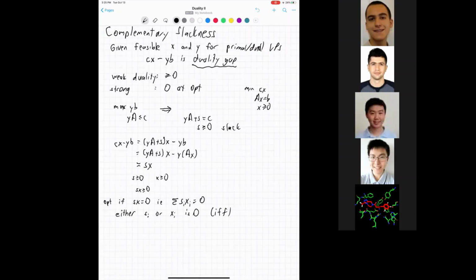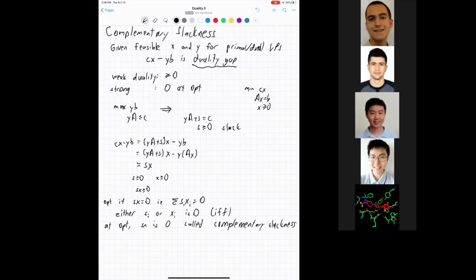And this is the complementary slackness condition. At the optimum, SX is zero. That's called complementary slackness. What's nice about this is that it lets you infer things about the solution, even if you don't know the whole solution.